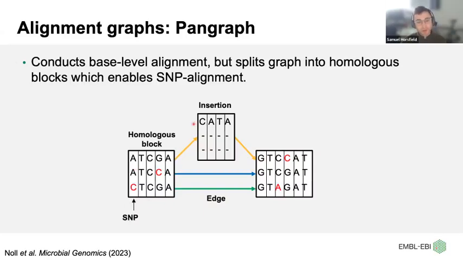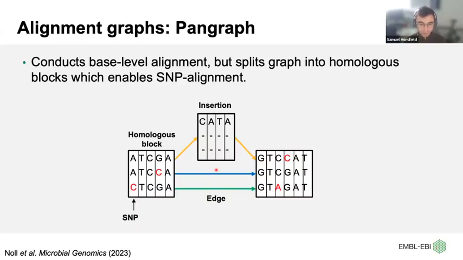But like minigraph, PanGraph represents structural variations as breakages in this graph. So you can very easily pull out small scale variants such as SNPs by looking for variants within these homologous blocks, but also look for these large scale variants which are represented by these breaks in the PanGraph itself.